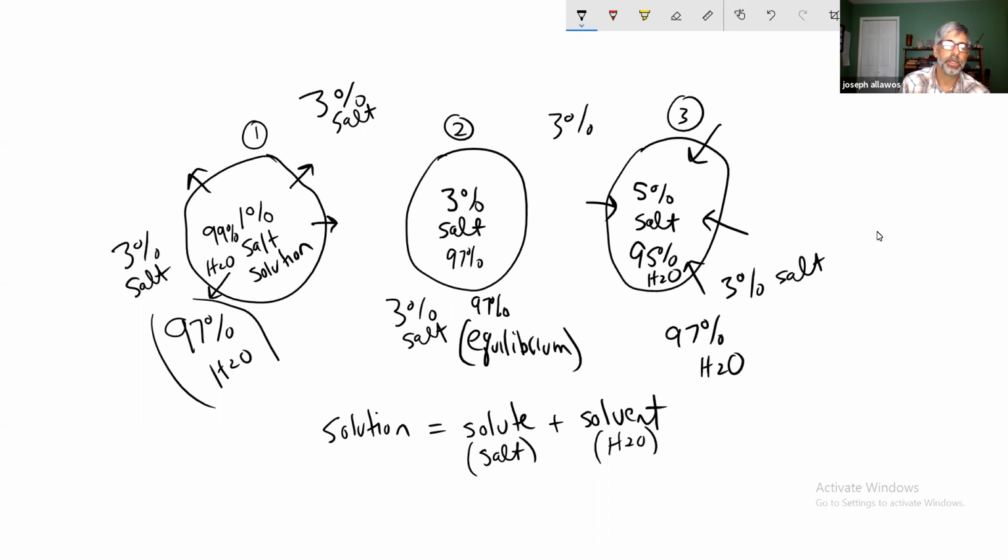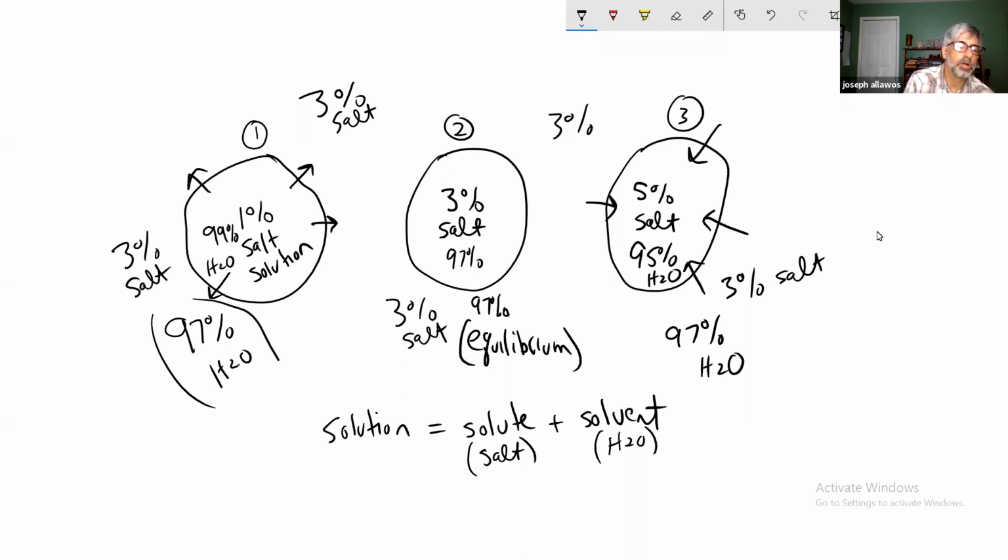This first scenario is a good example of why you can't put a freshwater fish in salt water, right? If you put a freshwater fish in the salt water, all the water leaves its cells, going toward that. Salt sucks. If you just remember salt sucks the water.